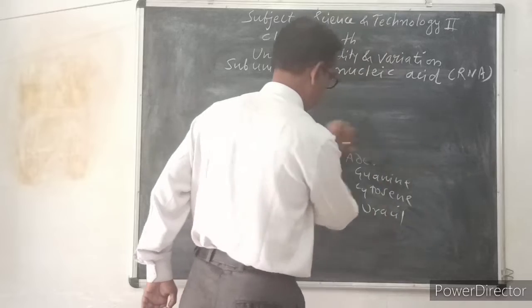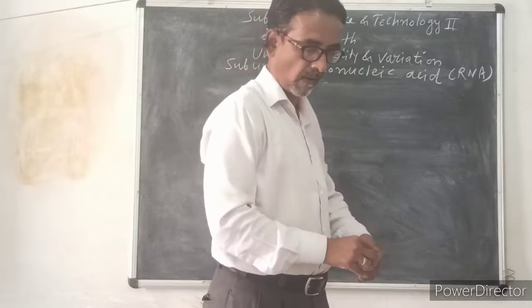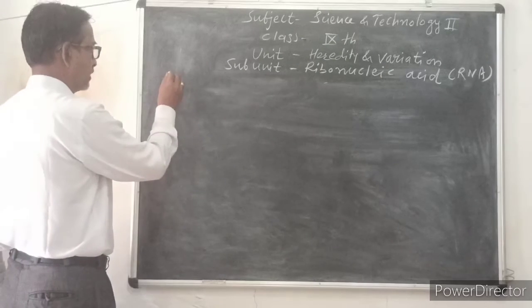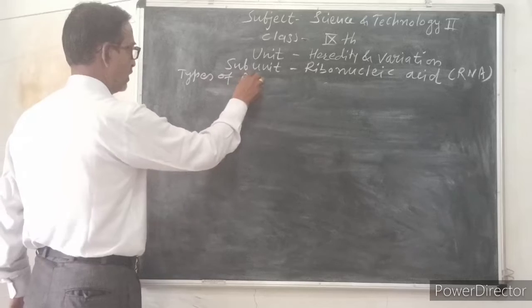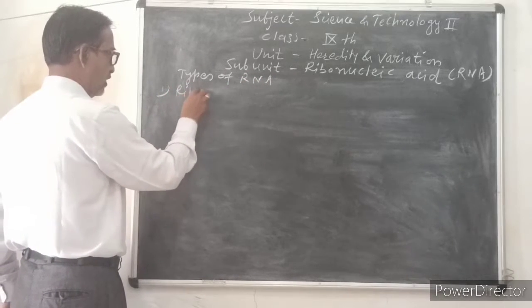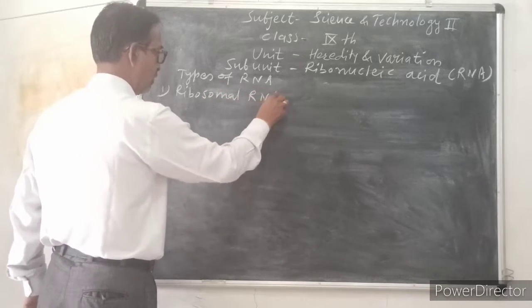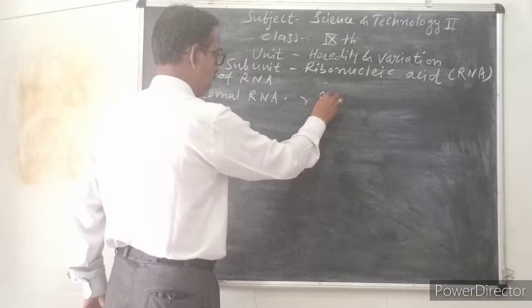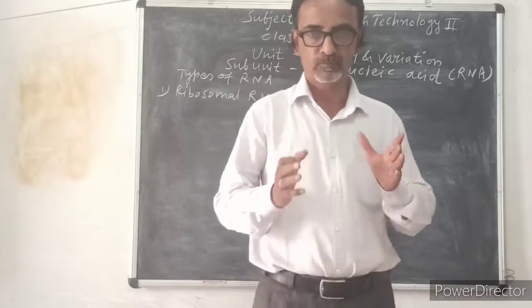The first type of RNA is ribosomal RNA, also called rRNA, where R stands for ribosome.